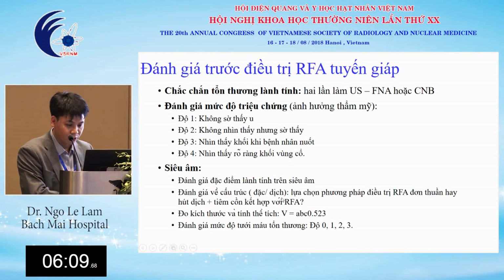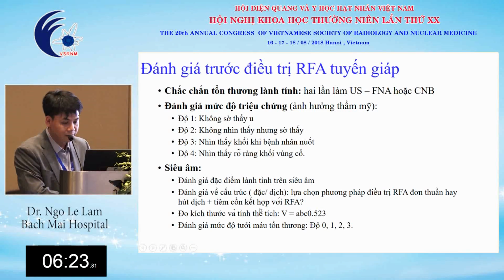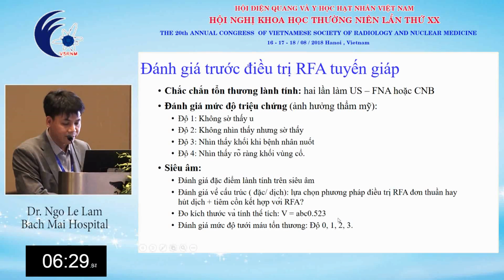We can see the benign characteristics on ultrasound, and we can evaluate the texture of the thyroid on ultrasound. That informs the decision: use IFA alone, or combine it with alcohol injection.